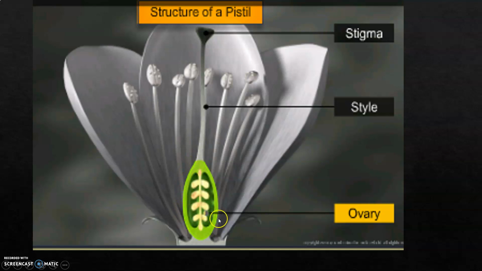The ovary that you can see here after fertilization will develop into fruit. Because these changes take place after fertilization between male and female gametes, they are called post-fertilization changes. After the fertilization, these floral parts like the petals, sepals, anther, stigma, style, all will wither off. Wither off means they'll fall.